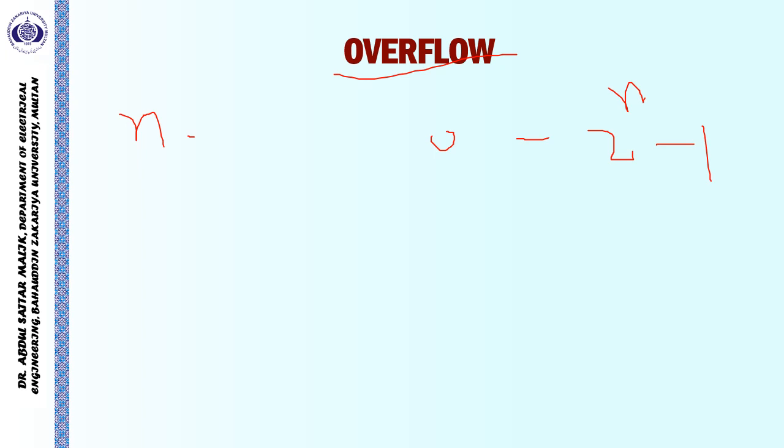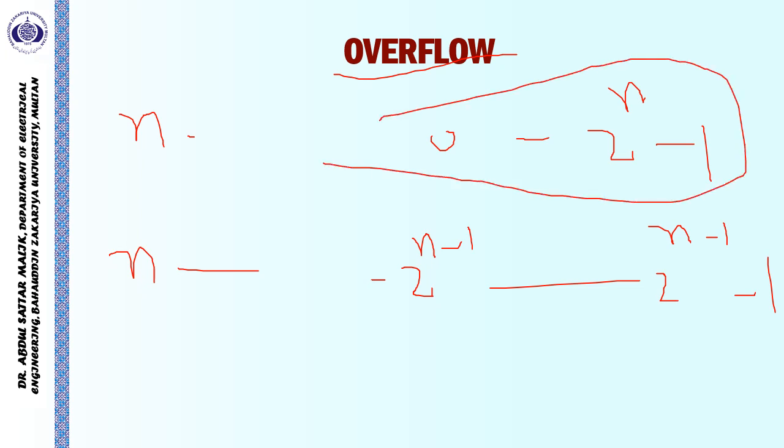In case of an n-bit signed number, the range is from minus 2 raised to the power n minus 1 to 2 raised to the power n minus 1, minus 1. So these are the ranges of n-bit numbers when treated as unsigned numbers, the range is this one, and when treated as signed numbers, the range is this one.